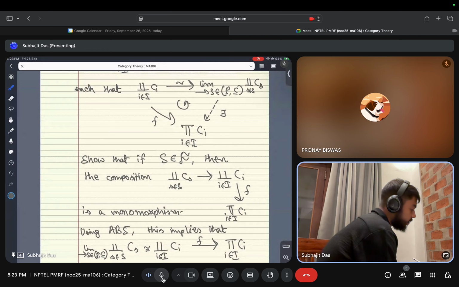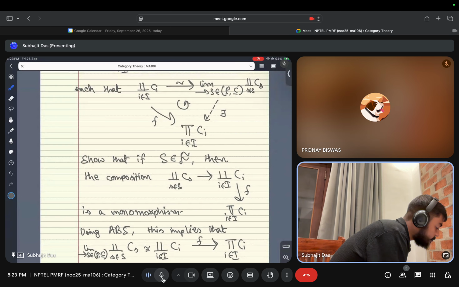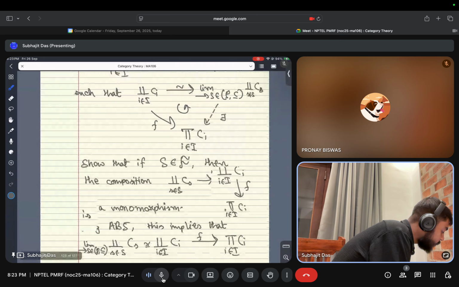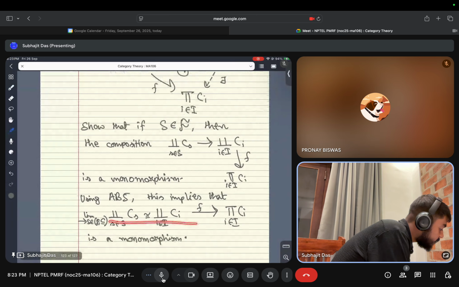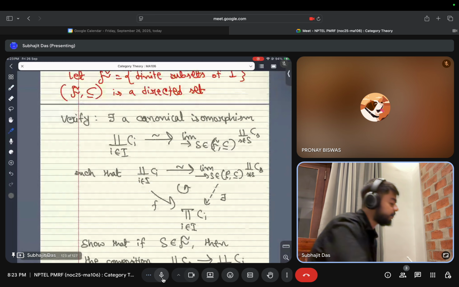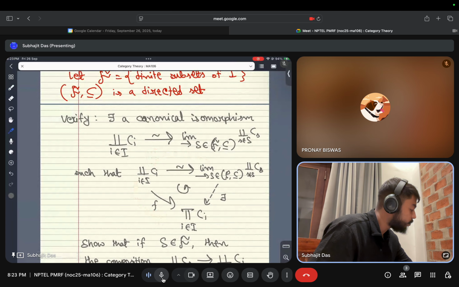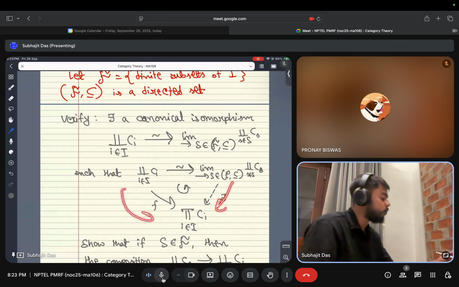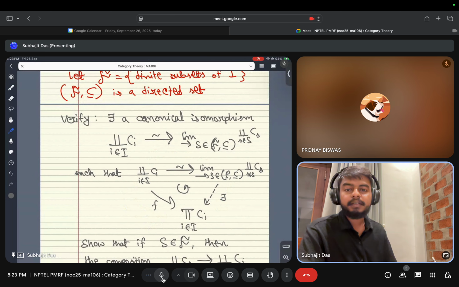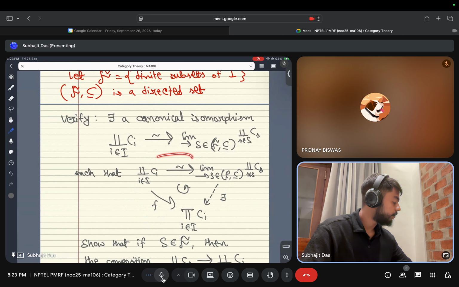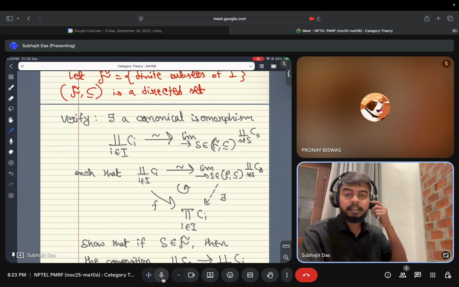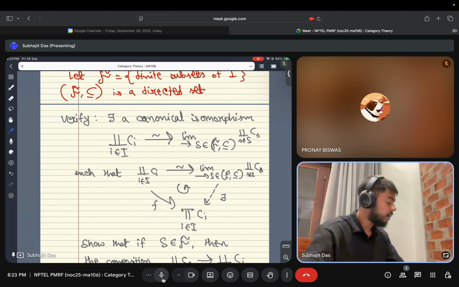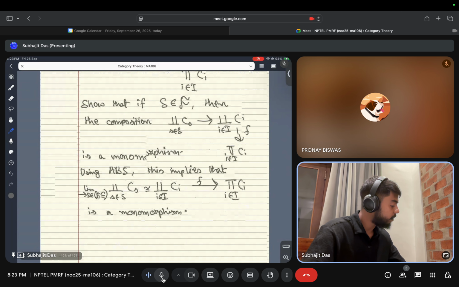So basically, when I'm saying this composition, I'm actually using this composed with this. We have already shown this is a monomorphism, hence this will be a monomorphism, because you have an isomorphism here.